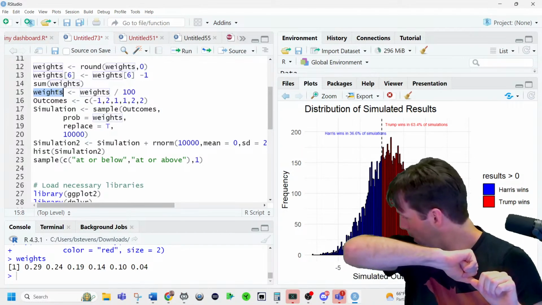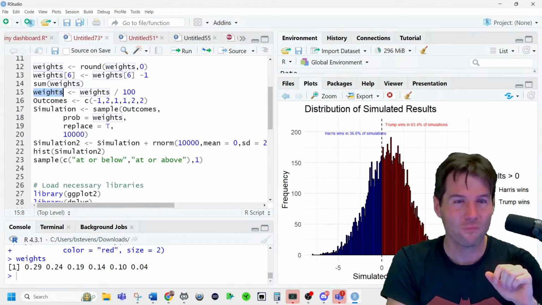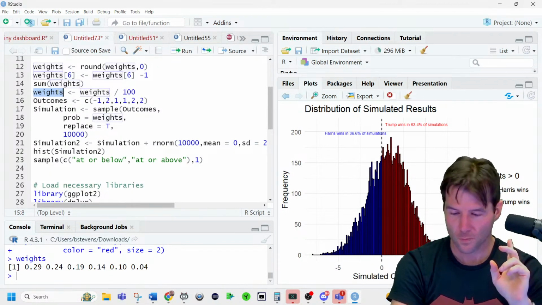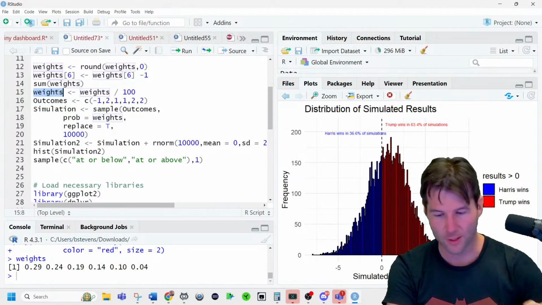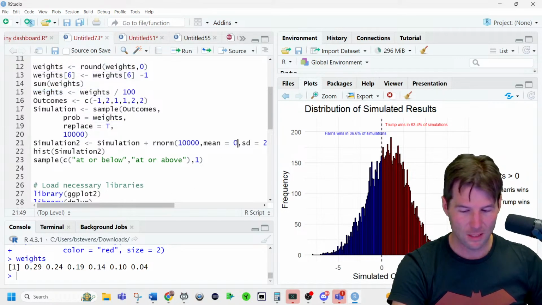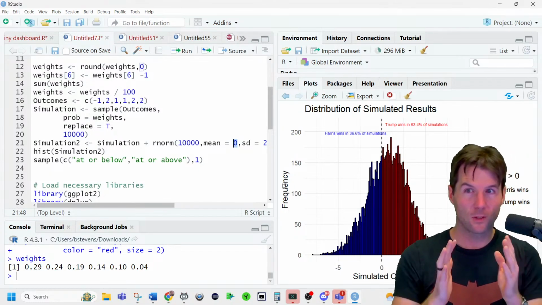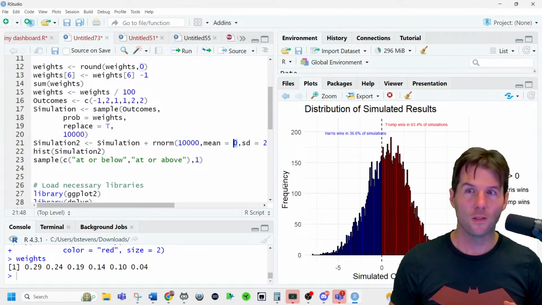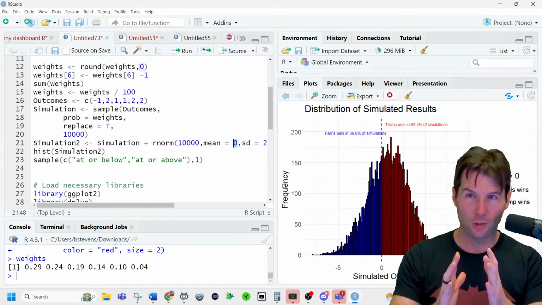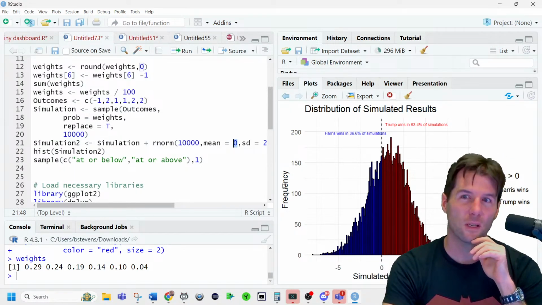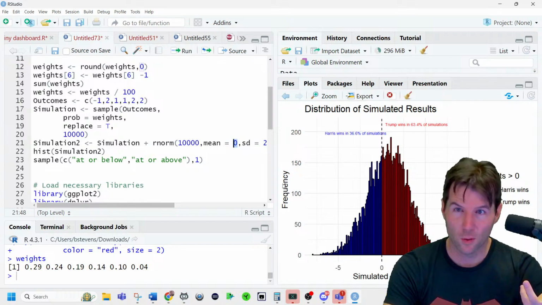But with this, now the bias thing, you've got to be careful here. Setting the mean to 0 and standard deviation to 2: think about what a standard deviation means. I'm adding on around 2 to 4, maybe sometimes even as big as 6, plus or minus, because there are margins of error in these polls.